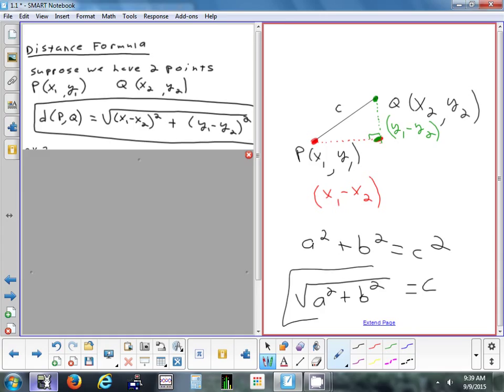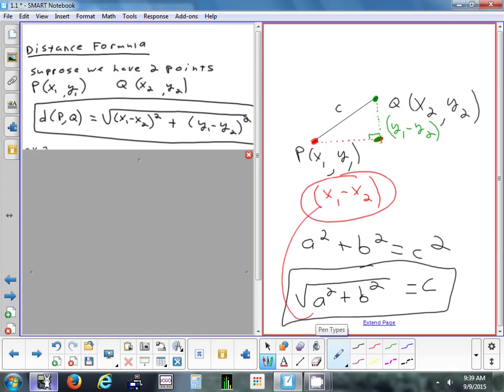And there is basically your distance formula. Just plug that in right there, and plug that in right there. So every time you use the distance formula, you're really finding the hypotenuse of a triangle using the other two sides. That's all you're doing. Any question on that?